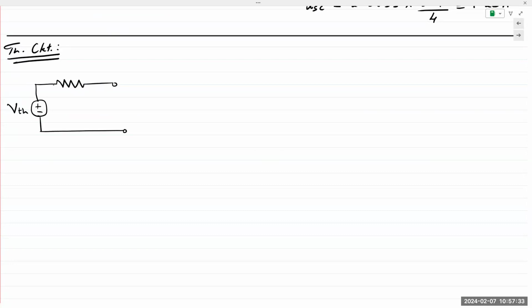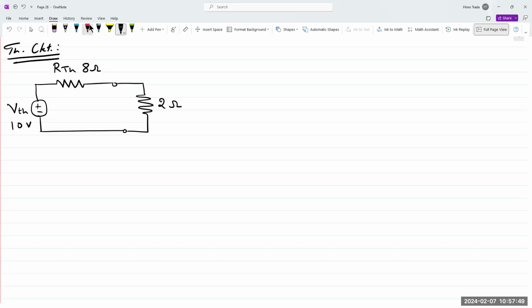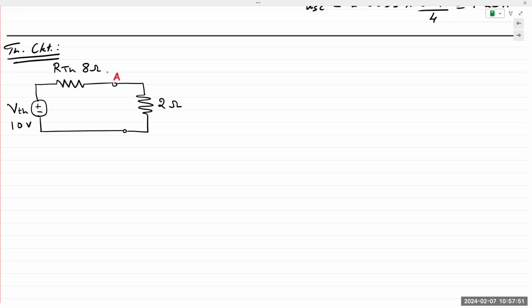Voltage source is VTH, which was 10 volts. Resistance is RTH, which was 8 ohms. And terminals A and B had the 2 ohm resistor connected in series. I'm going to note this as A and B, and in the original problem, this was given as Vx.